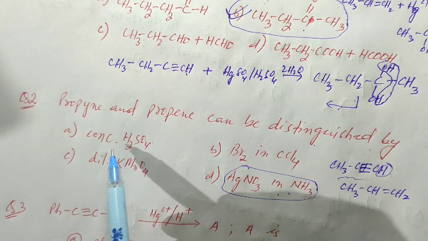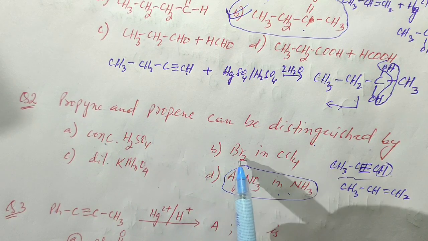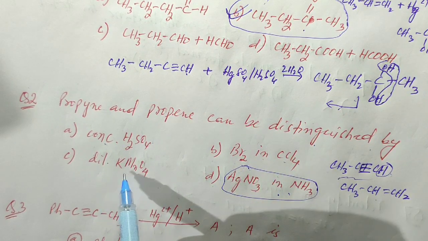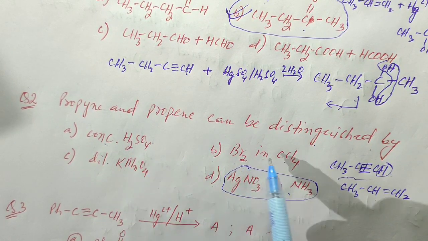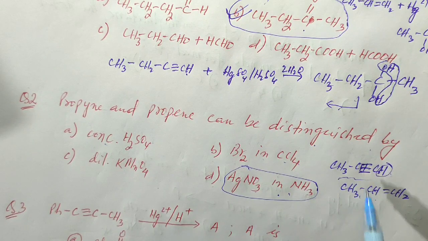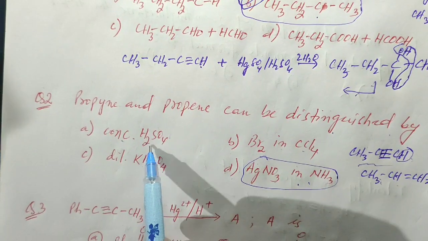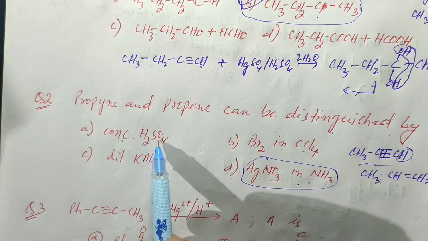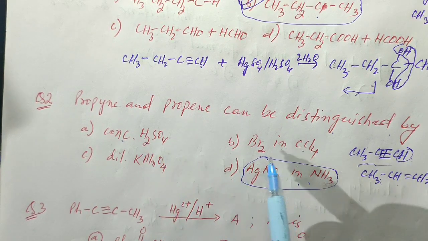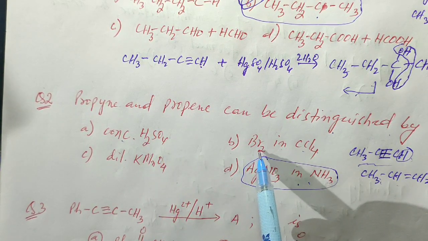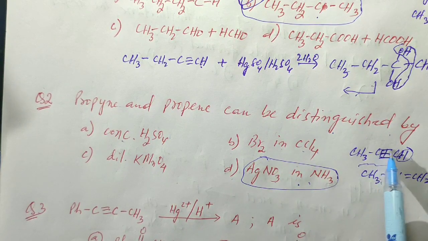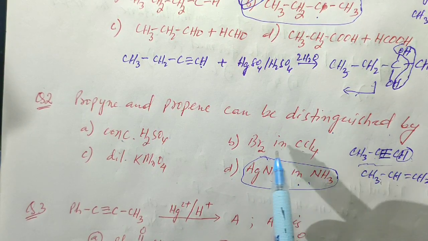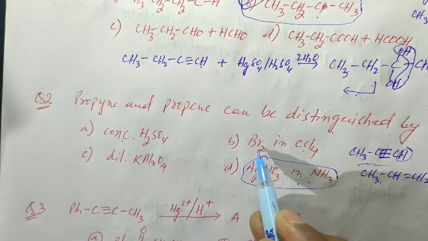And the other reagents, this H2SO4 and bromine in CCl4 and dilute KMnO4, they all will react with these two compounds. In this case hydrogen and HSO4 will be attached, and in this case 2 bromine atoms will be attached, and since there are 2 pi bonds, we will need to add 2 moles of bromine.